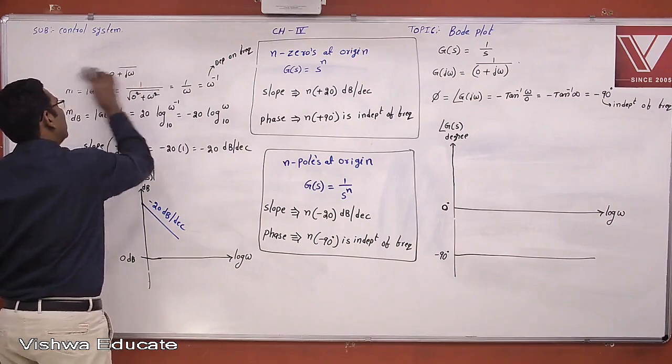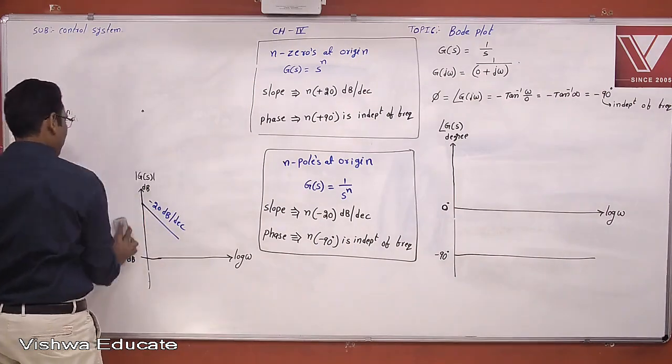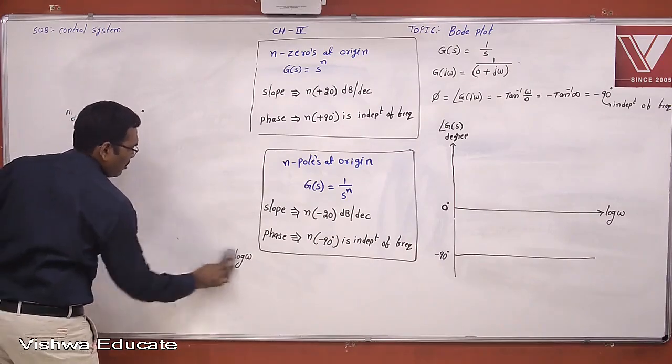Now this is the transfer function consisting of n zeros at origin and the transfer function consisting of n poles at origin.